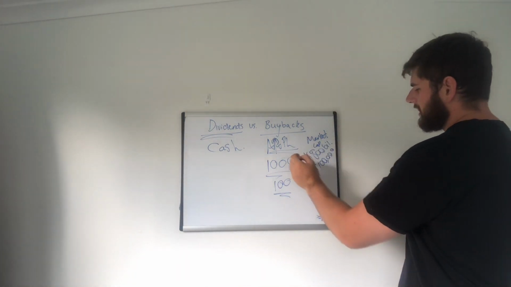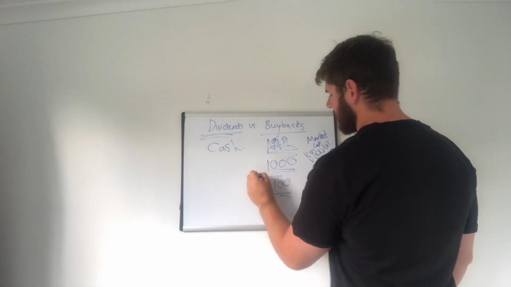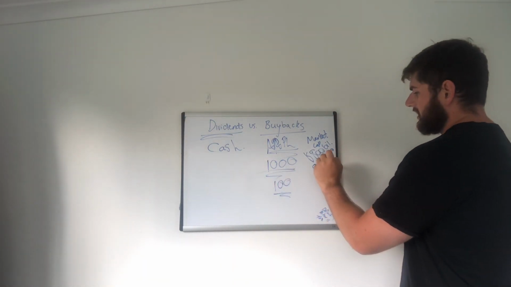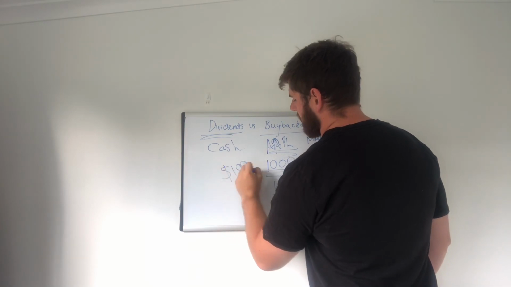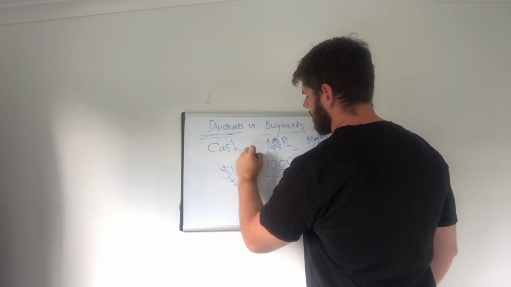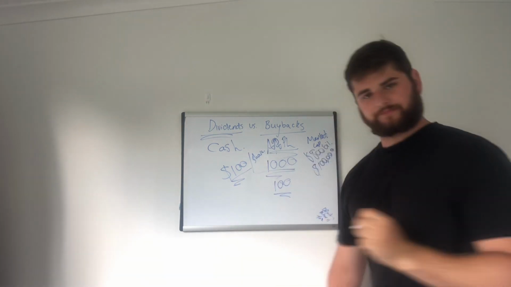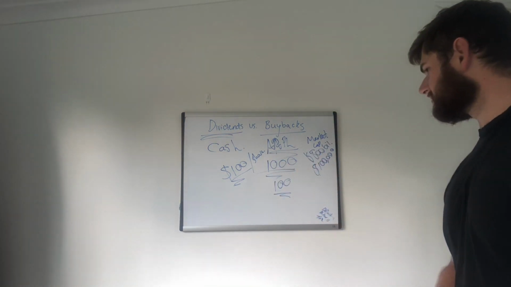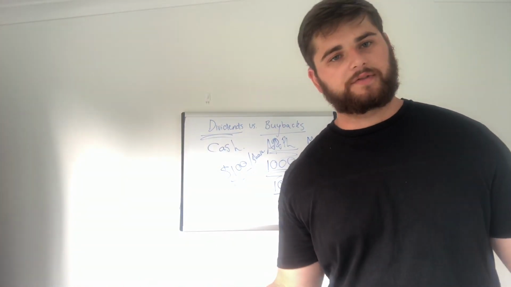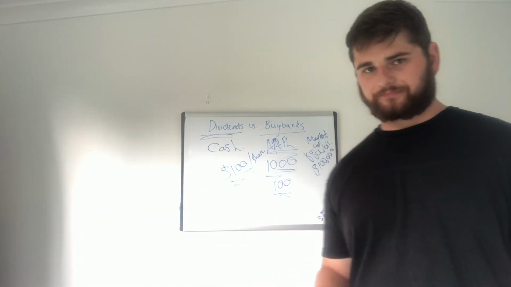So if we've got 1,000 shares, and the total value of the company is $100,000, that means that Apple is currently trading at $100 per share. So it's trading at $100 a share. There's 1,000 shares, so the market cap, or the total value of the company, is $100,000.